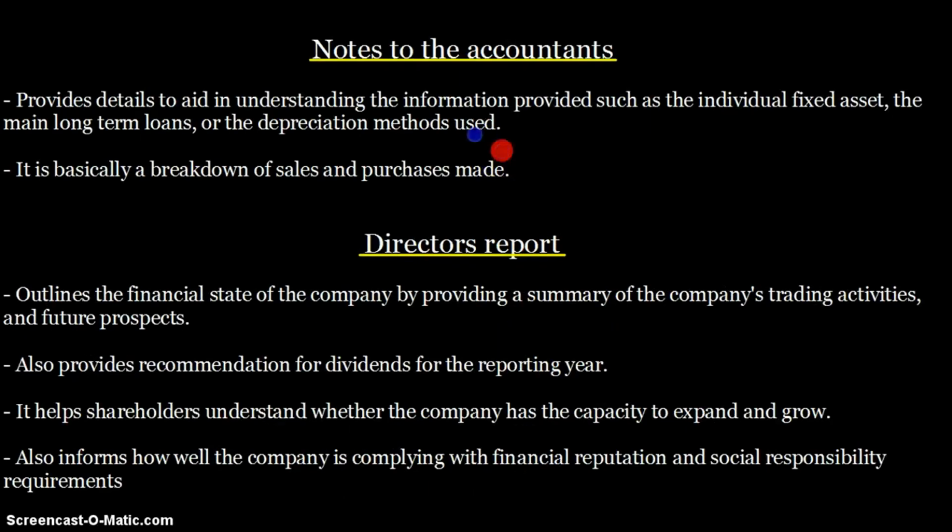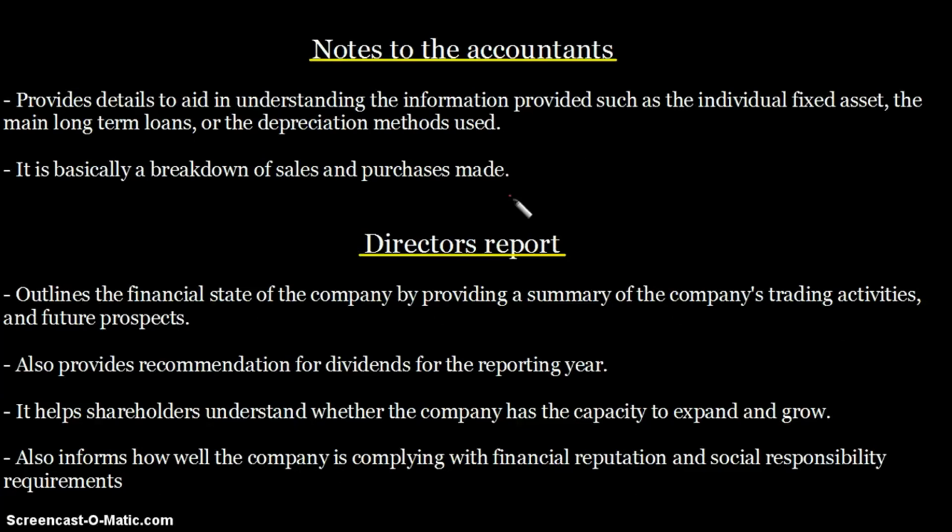Then we have notes to the accounts, which provide details to aid in understanding the information provided, such as the individual fixed assets, the main long-term loans, or the depreciation methods used. So it is basically a breakdown of sales and purchases made. Now, as you have seen, in published accounts they just provide financial data and the minimum data. Companies try to provide the minimum of what is required by the government, so that the competitors cannot use it.